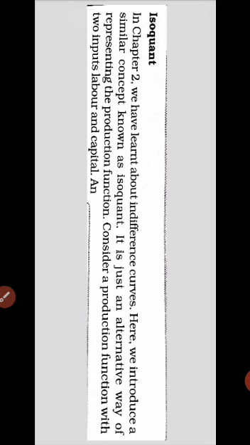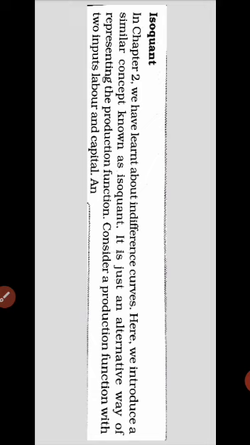Here we introduce a similar concept known as the isoquant. It is just an alternative way of representing the production function. So here we are presenting a production function in a graphical way, which we will call an isoquant.